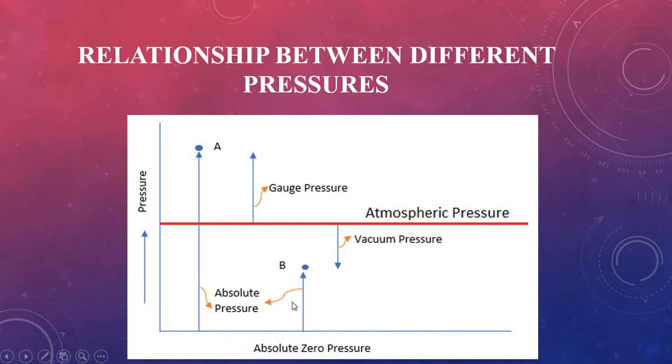So the absolute pressure will always be the sum of atmospheric pressure and gauge pressure, whether it is positive gauge pressure or negative gauge pressure. So this is the vacuum pressure, this is the downward direction of the gauge pressure, and this is the atmospheric pressure line. So that's all the problem.